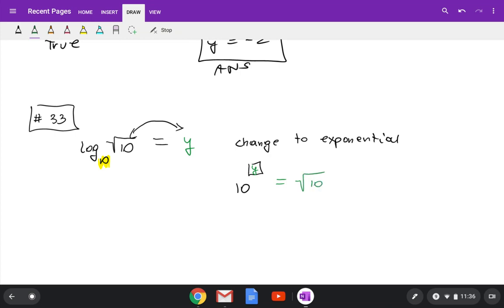Okay, so what I recommended is having the same basis on both sides, so you can use that one-to-one property. So we know that square root of 10 is the same as 10 to the power of 1/2. So let me rewrite that as 10 to the power of 1/2. And on the left side, I have 10 to the power of y. And here, use one-to-one property.